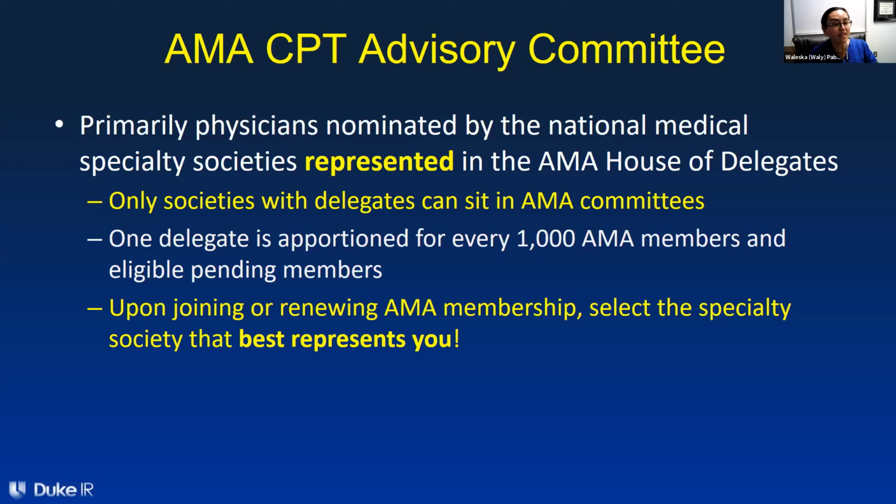So I don't know how many of you are AMA members, but when you become an AMA member, they ask you which specialty society you think represents you the best.